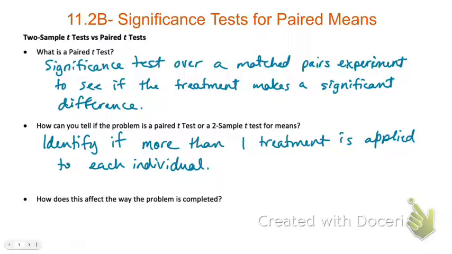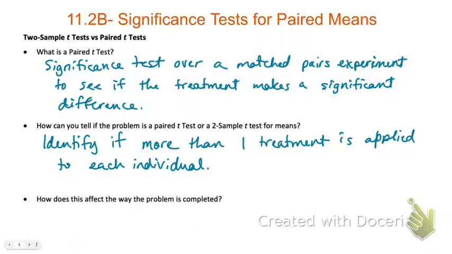If each individual gets access to both treatments, you have a paired t-test. If each individual is only getting one treatment, and you're looking at does this group act different than this group, then you're doing two samples. You have two separate groups, okay? So it's basically like, are we pairing and each is getting both treatments, or are we grouping and each group gets a single treatment and we're comparing those, okay? That's basically how you're going to tell.